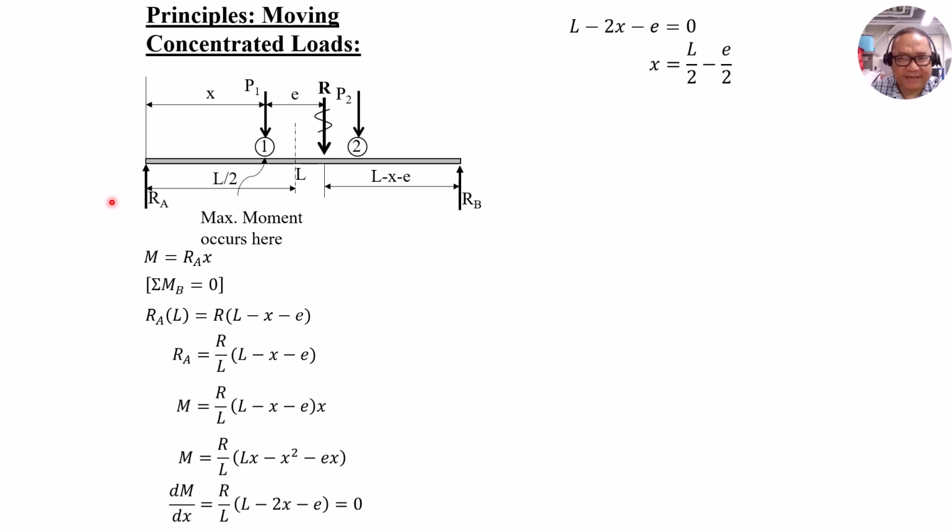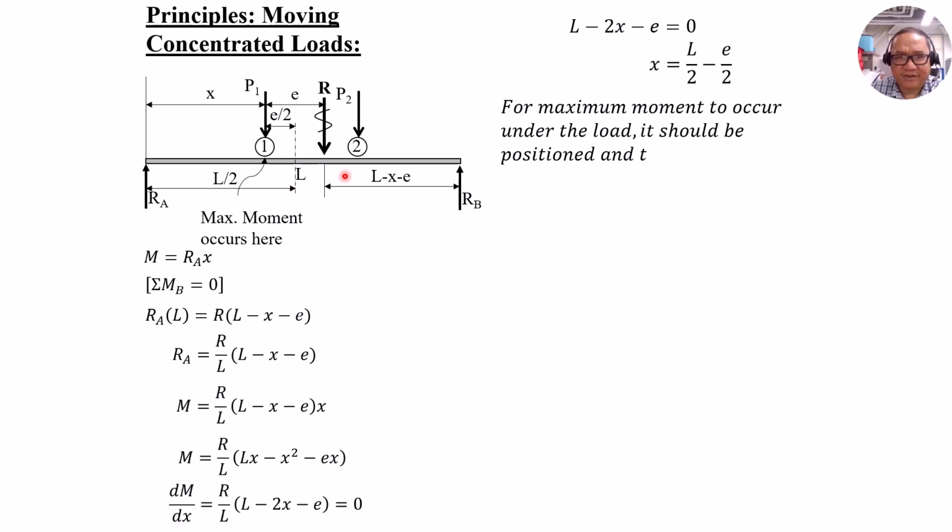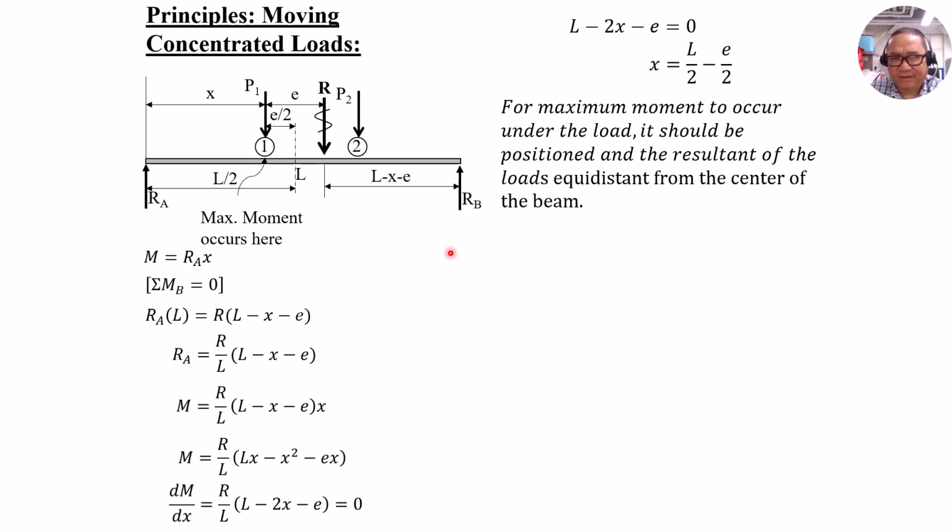So this should be L over 2, then this is E over 2. That's the expression. That's E over 2. So for maximum moment to occur under the load, it should be positioned, and the resultant of the loads, equidistant from the center of the beam.